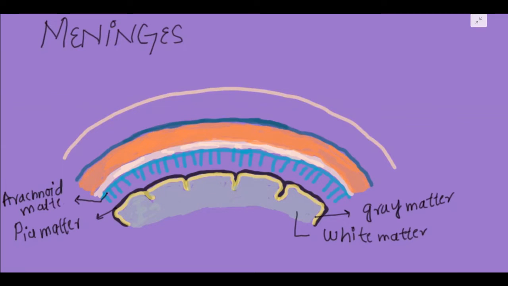First one is pia mater, next one is arachnoid mater. And the space between the pia mater and arachnoid mater is known as the subarachnoid space. Let me mention here, it's known as subarachnoid space.